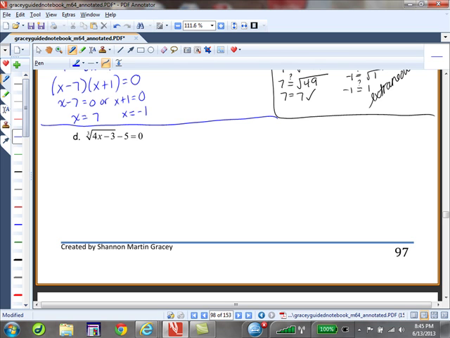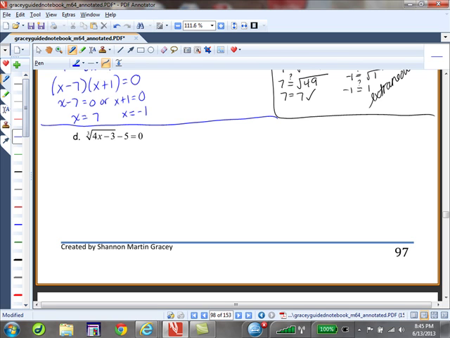If the index is even, since we're working in the real numbers, we would not have a solution if we had a radical with an even index on one side and a negative number on the other, as we saw in part B.